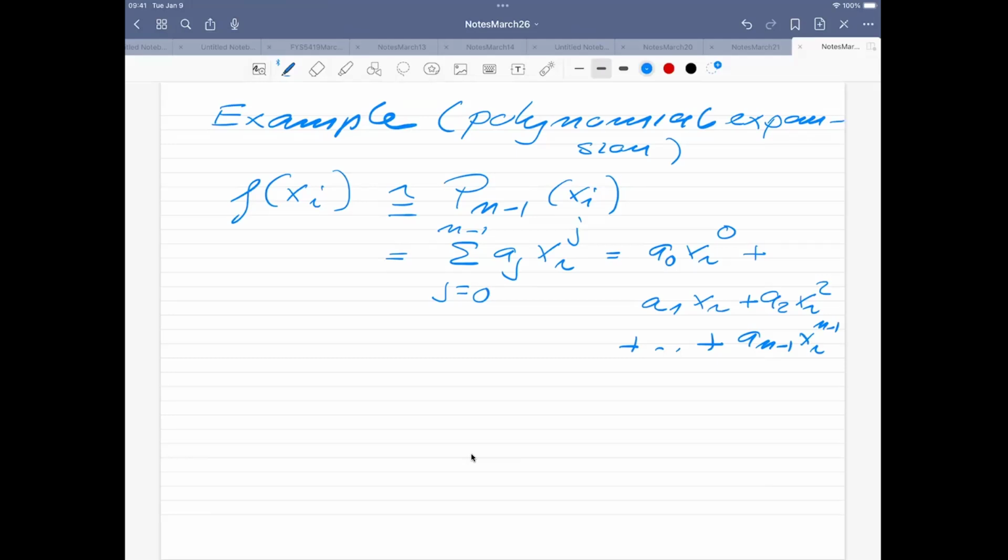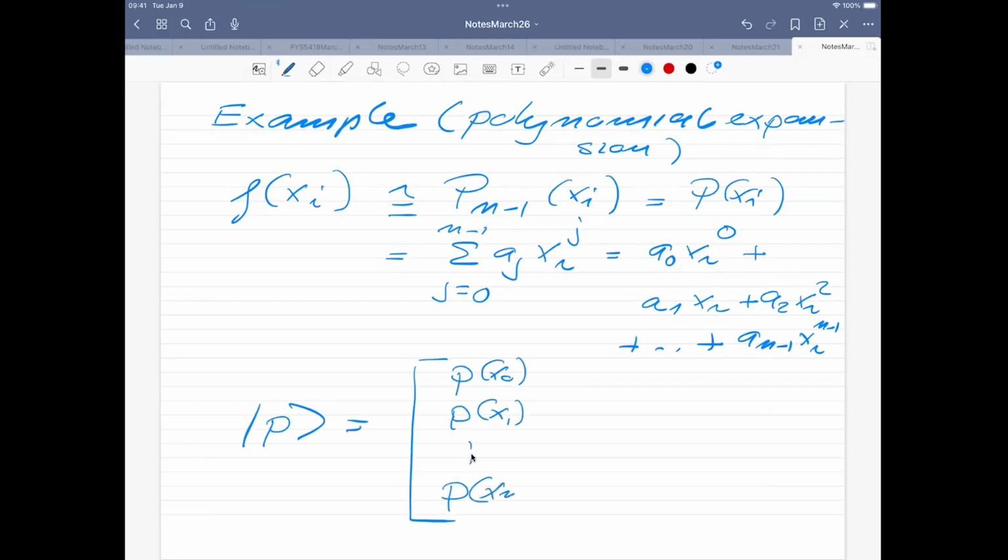So it means that we could now write, suppose we just call this p of x_i, just to simplify, a polynomial which is now given by p of x0, p of x1, and down all the way to p of x_(n-1). And this is actually given by some matrix V multiplied with a vector a, where a is this vector with the unknown coefficients a0, a1, up to a_(n-1).